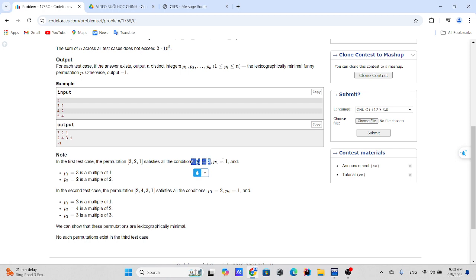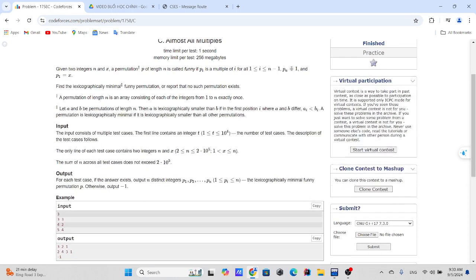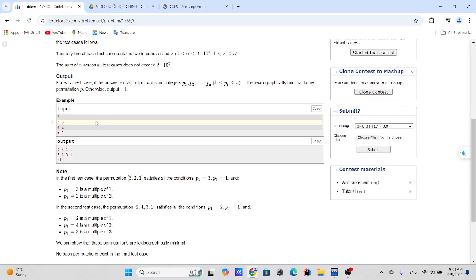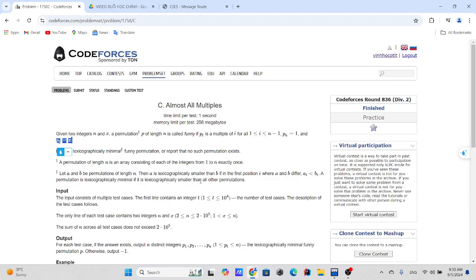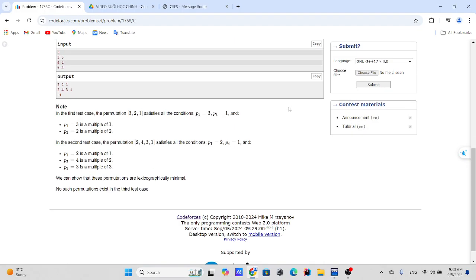P1 is 3 and P3 is 1. What? Pn, oh, Pn. If it's a multiple of, and P1 is x. Okay, P1 is x, right? P1 is 2, okay, understandable. P1 is x and Pn is 1.